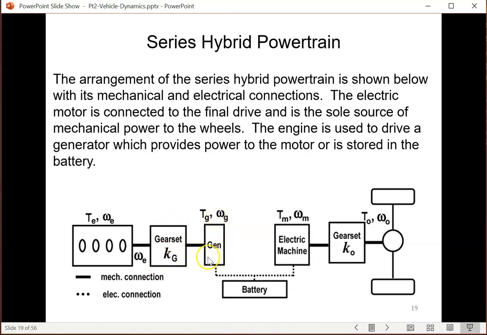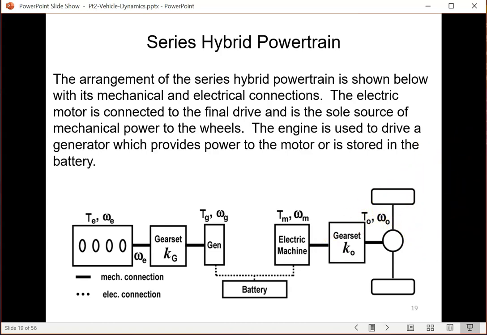The generator generates electricity that's rectified and then charges the battery, but also drives the electrical motor as well. And the electrical motor drives the wheels through another gear set with a gear ratio of k0, and then the final differentials that distribute the output from the gear set to the two wheels.